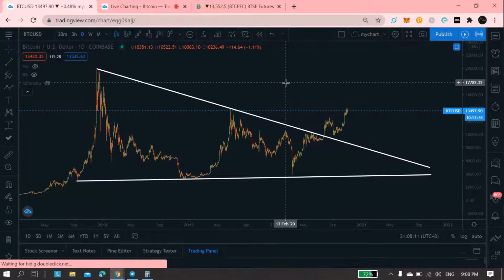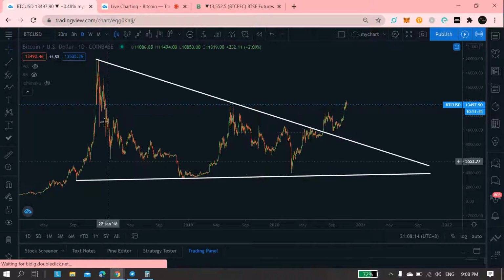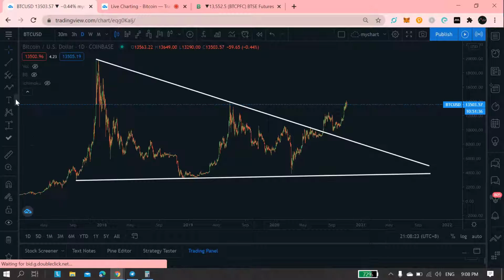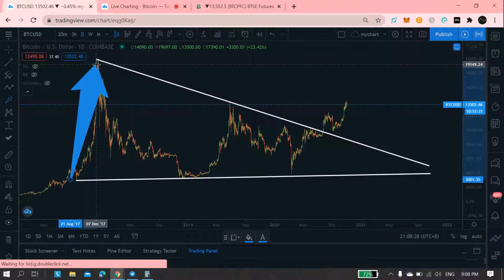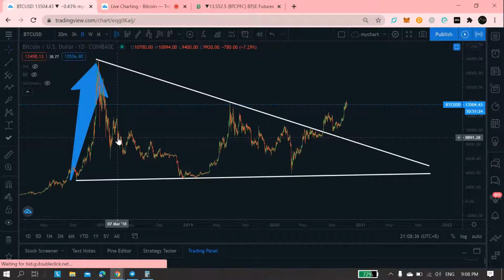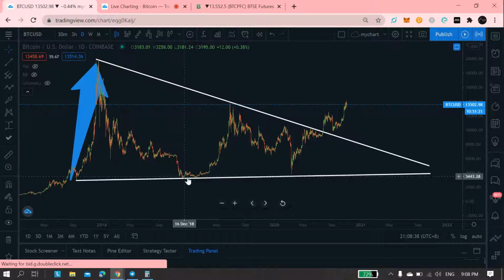So as you can see, this is a triangle. Bitcoin hit almost around 20,000, and then from there it went down until it found a support at around the 3,200 area, and then it bounced.